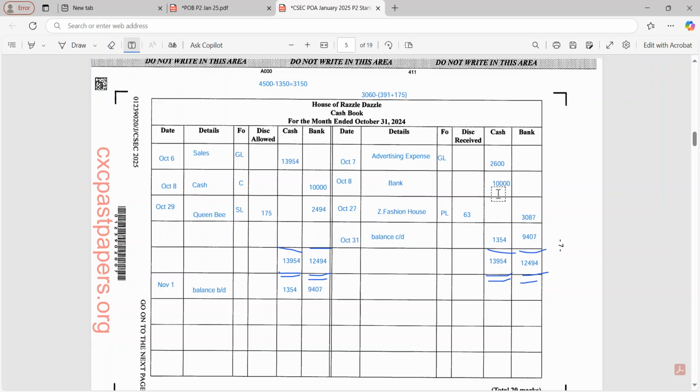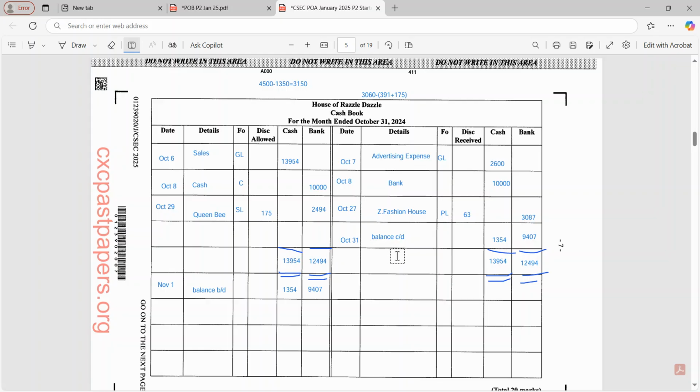So that gives us 12,600. So you're going to minus the 12,600 from 13,954. So 13,954 minus 12,600, and that should give you 1,354. You put it on your credit side since this was the side with a smaller total. And that becomes your balance CD October 31st.